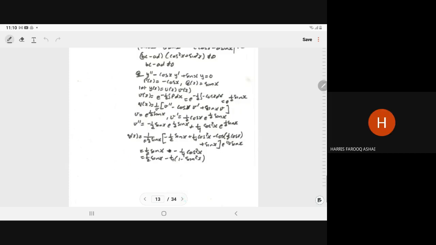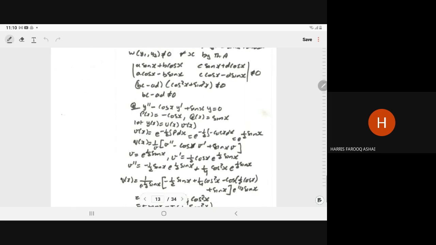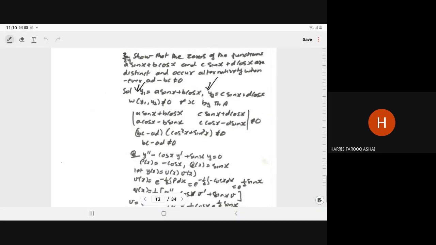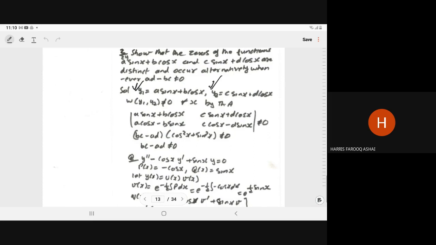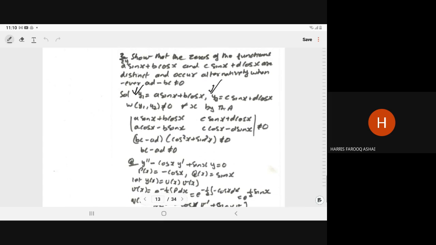Sir, but we don't have that they are solutions of a differential equation. I think in the book it is written that they are solutions. Sir, we said if y1 and y2 are linearly independent solutions, so they have to be solutions of some equation, right?